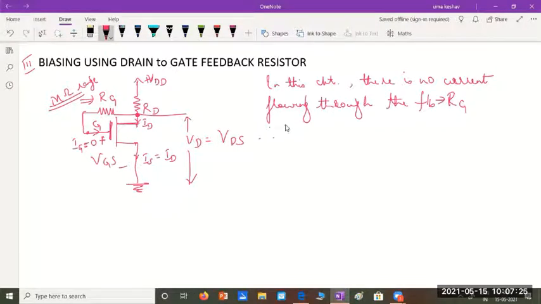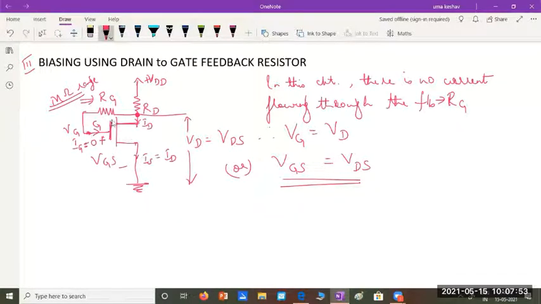Therefore, the voltage VG should be equal to the voltage at this end, that is VD. I can call this voltage VG, the voltage at the gate, or in other words, VG is nothing but VGS. It will be equal to VD or VDS. So please remember, in the drain to gate feedback bias arrangement, the gate voltage and the drain voltage will be the same because there is no current flowing through this.